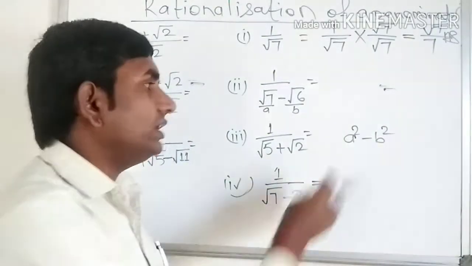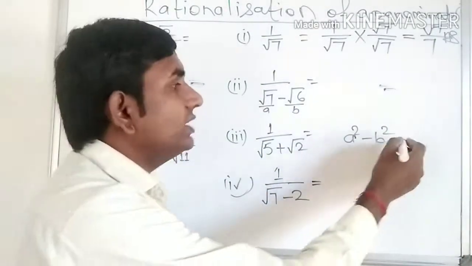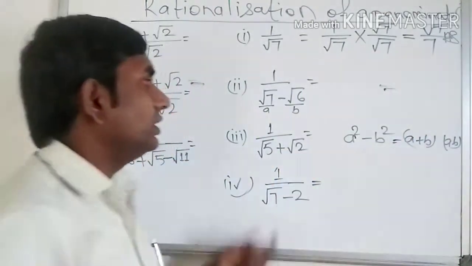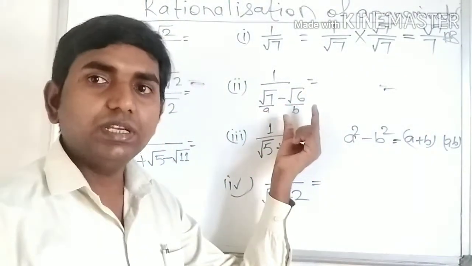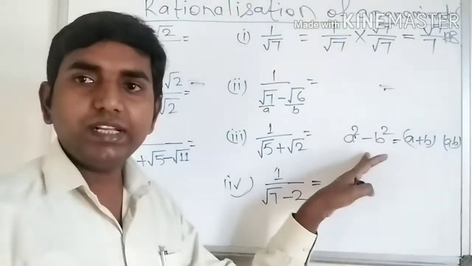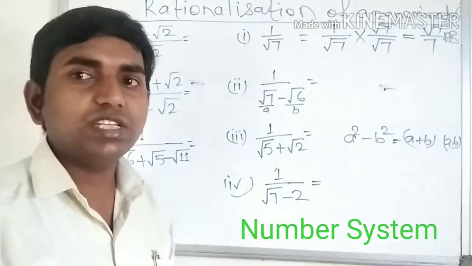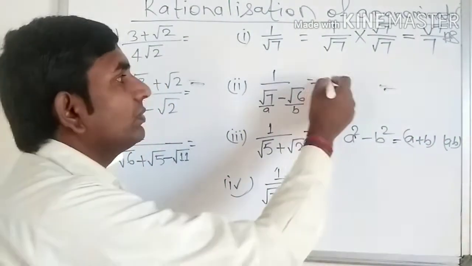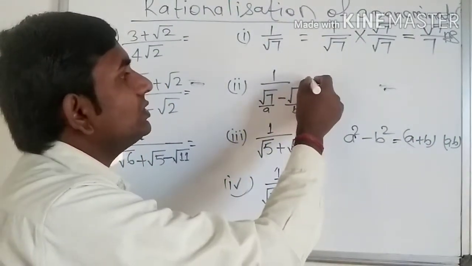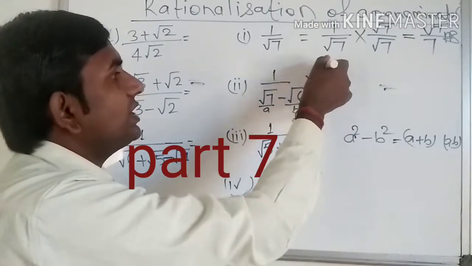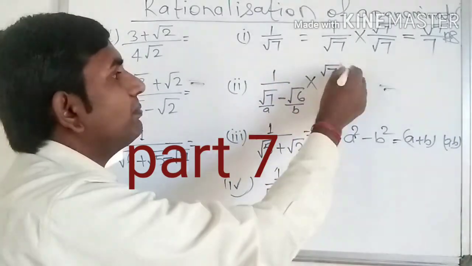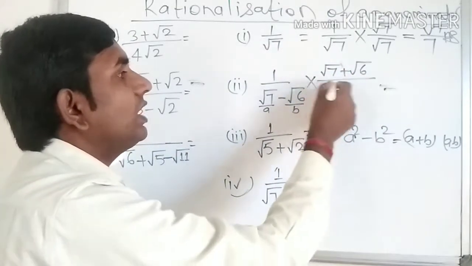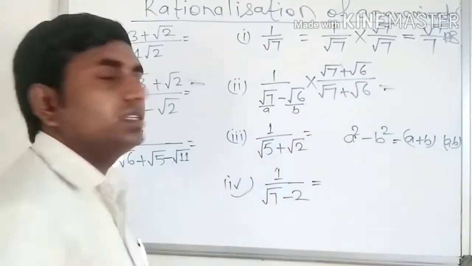We know that a square minus b square is equal to a plus b times a minus b. Here we have a minus b, but we want to convert it into a square minus b square, so we have to multiply by a plus b. So we multiply numerator and denominator both by root 7 plus root 6, by root 7 plus root 6.